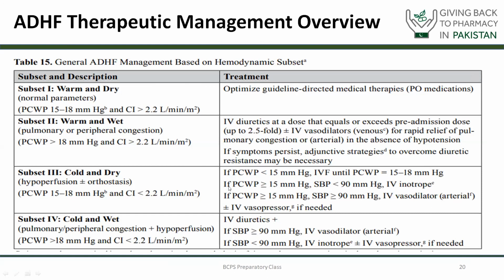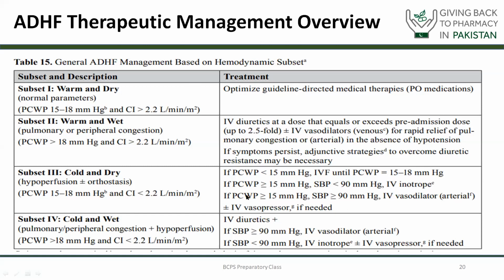Next, if PCWP is greater than or equal to 15 millimeters of mercury and systolic blood pressure is less than 90 millimeters of mercury, you have to give inotropes. It means that the volume is good in the body, but the systolic blood pressure is below 90, so the heart is not working well, and you will support the heart with inotropes.